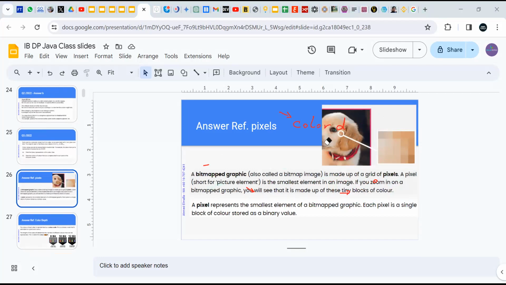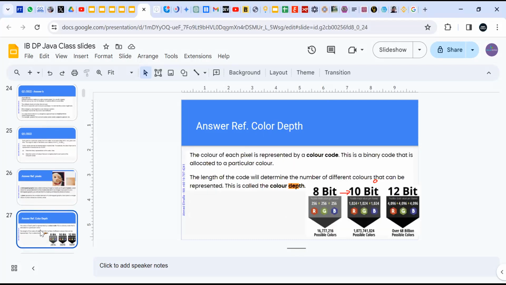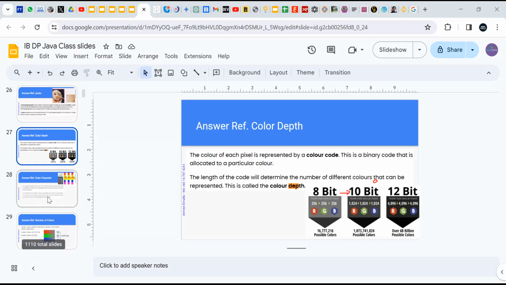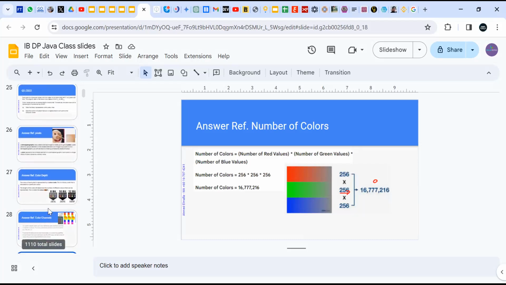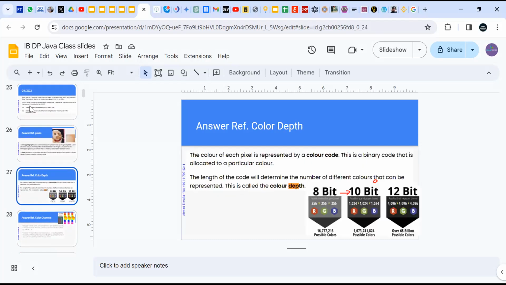So I think that is clear to you. So in short, color depth represents how many possible colors you have for every pixel.